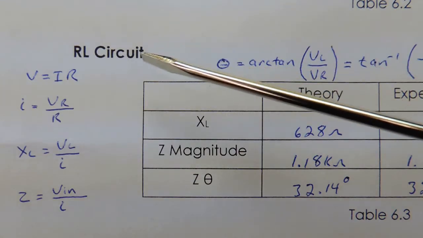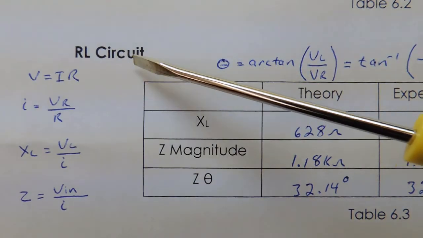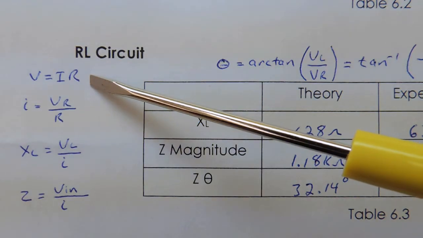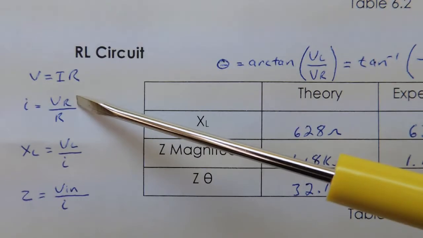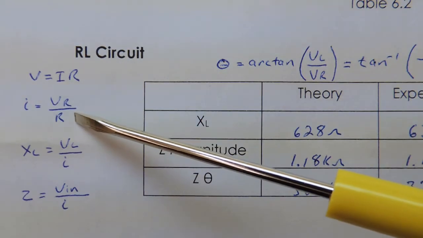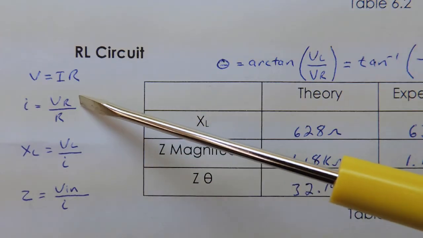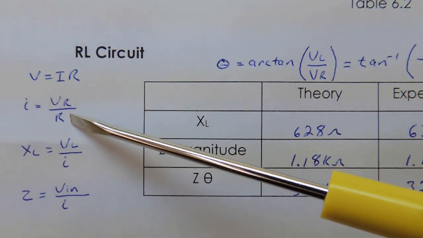So looking at the calculations for the RL circuit, we're going to be using Ohm's law, which is V equals IR, and rearranging the formulas. I is equal to VR divided by R. And remember, the phase angle for current is the same as the phase angle for the resistor.